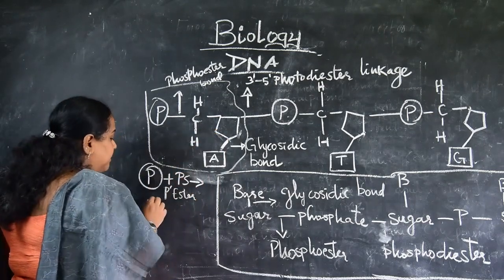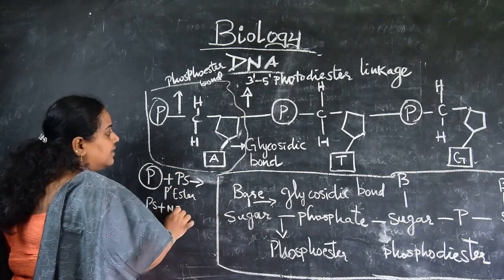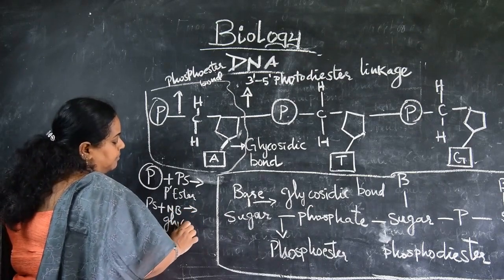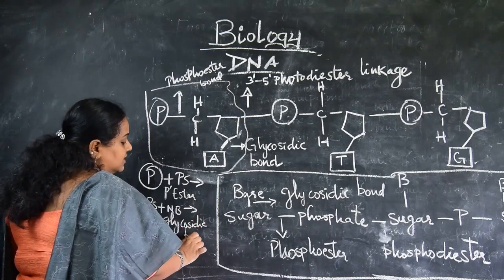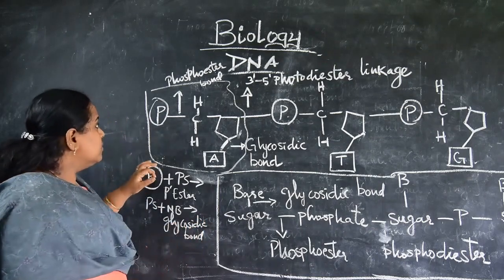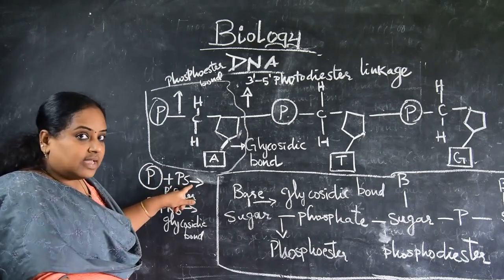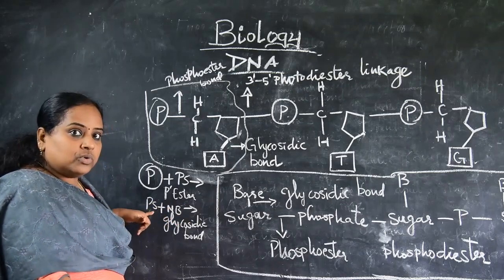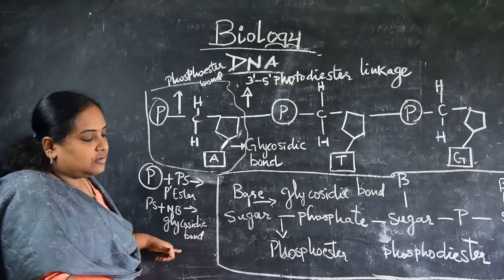And the pentose sugar and the nitrogen base are linked together by glycosidic bond. So the phosphate and the pentose sugar are linked by phosphoester bond, and the pentose sugar and nitrogen base are linked by glycosidic bond.